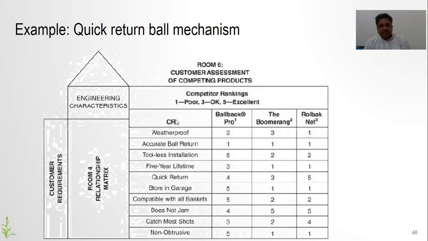Competitor rankings: number 1 means poor, then okay, then excellent. Ratings have been given that way here. So CR, competitor rankings: Ball Pack Pro, the Boom Pack, and Rollback Net. These are the same as the customer requirements. Weatherproof 3331, accurate ball return. So all markings have been given.